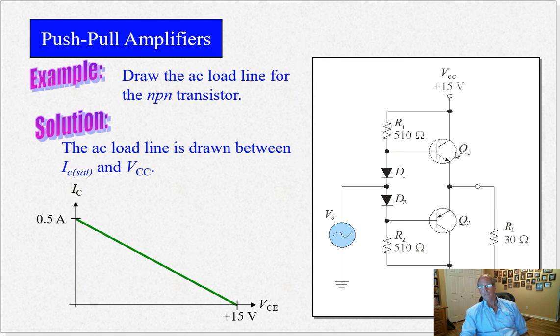So when you put the paper clip in, you get a short, so you get 0 volts on VCE, but you get full current going through the circuit, all right? Pull the paper clip out, that's cut off. All right, so now you get full 15 volts across here, no current flowing.